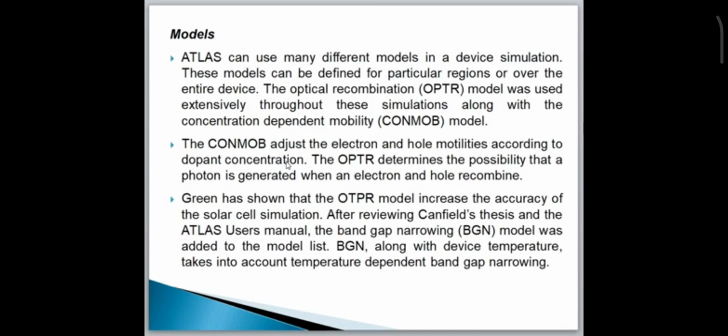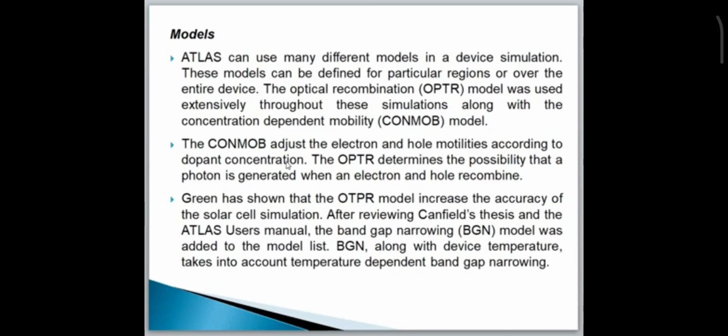The optical recombination model was used extensively throughout the simulation along with the concentration dependent mobility model. The concentration mobility model CONMOB adjusts the electron and hole mobilities according to the dopant concentration. The optical recombination model OPTR determines the possibility that a photon is generated when an electron and hole recombine.